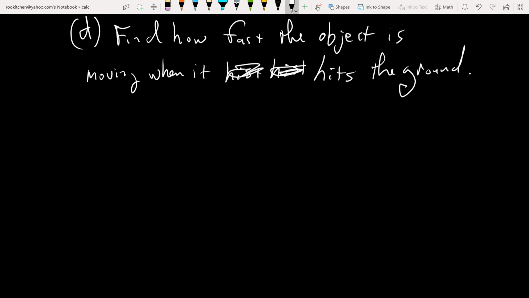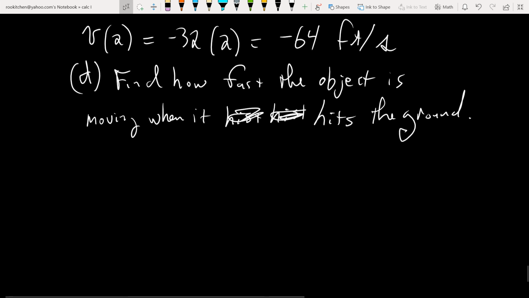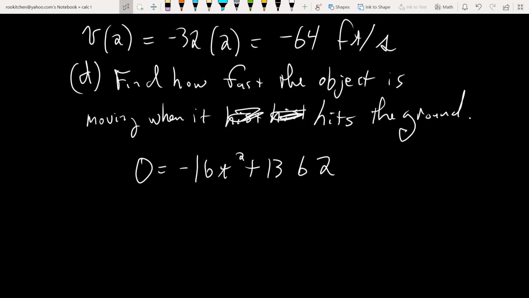First I have to find the time, because the velocity function requires a time, and then I put that into the velocity function. So I use my position function and set it equal to 0 to find the time. I set 0 equal to negative 16t squared plus 1362, because the position is 0 when the object hits the ground.